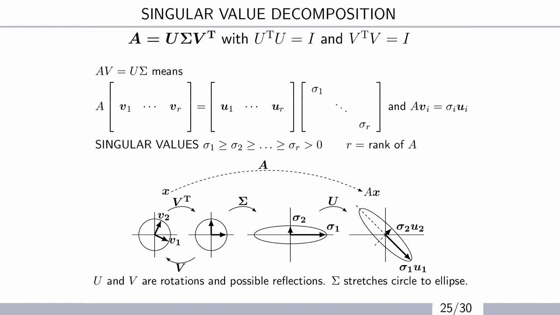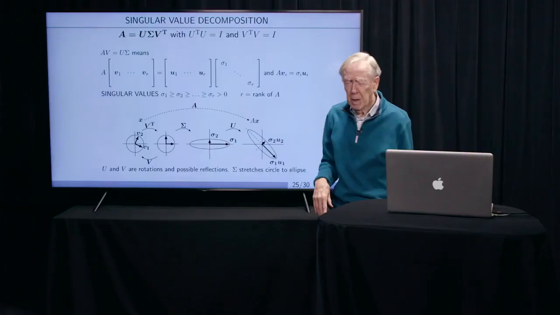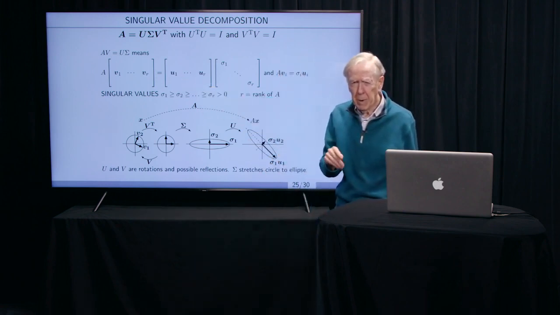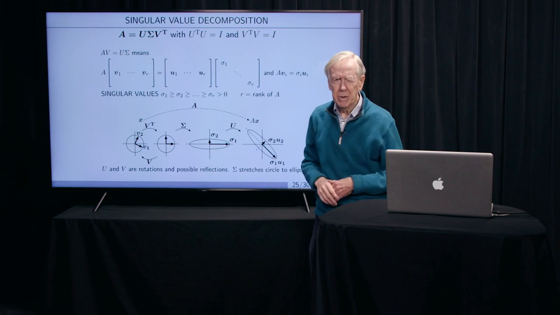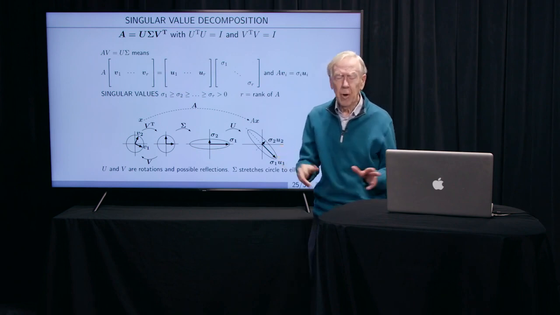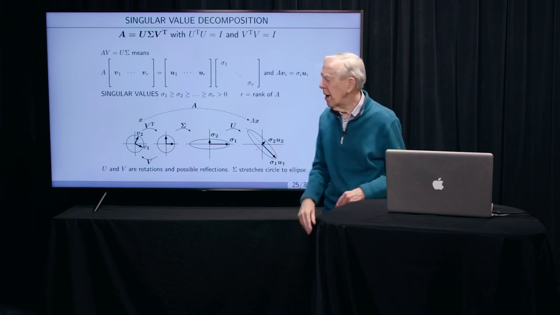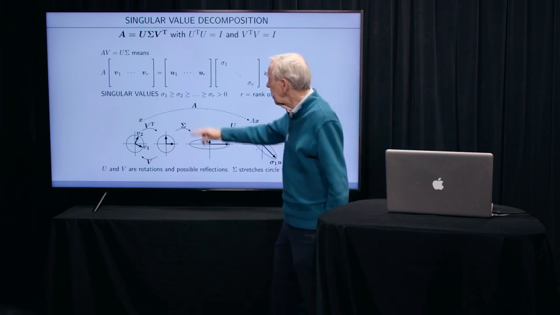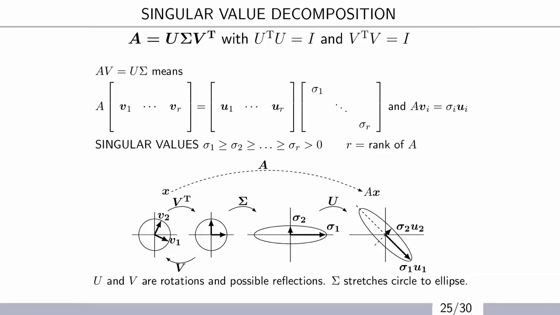We can make all the U's orthogonal to each other, all the V's orthogonal to each other. We can do what only symmetric matrices could do for eigenvectors. We can do it now for all matrices, not even square. It's just this is where life is. Okay. And these numbers instead of the lambdas are called singular values, and we use the letter sigma for those.